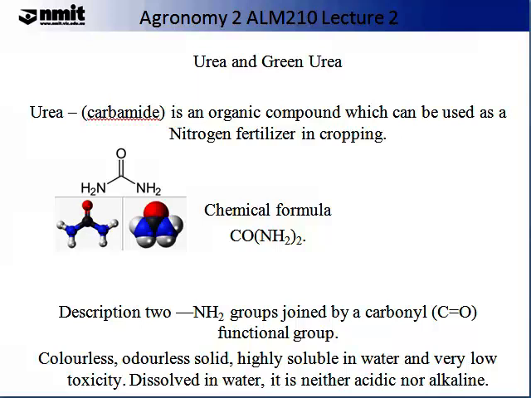When you describe urea chemically, you would say that two NH2 groups are joined by a carbonyl group, a C=O bond. It is a colourless, odourless solid, highly soluble in water, and of very low toxicity. Dissolved in water, it is neither acidic nor alkaline.